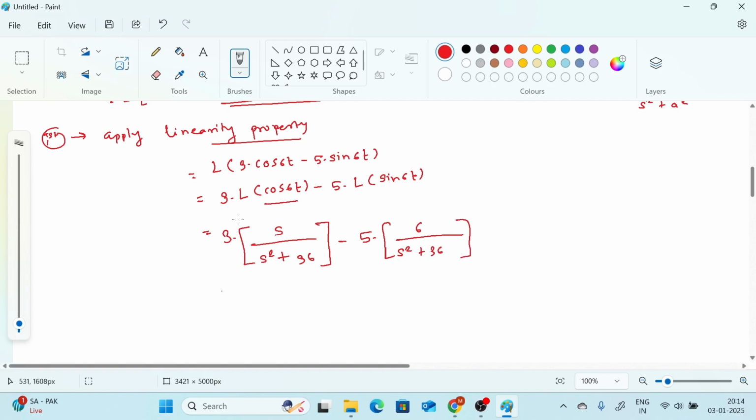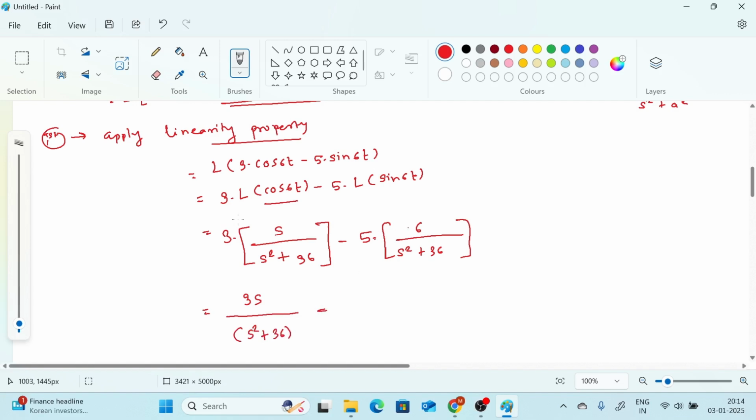Here what I can do: 3s upon s square plus 36, right?